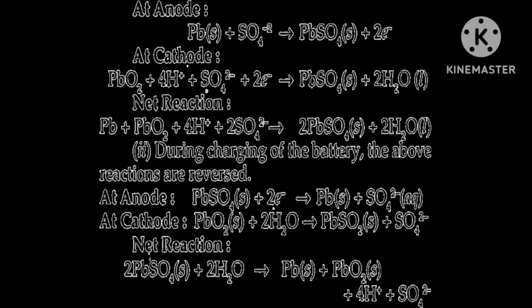The reaction is reversed during charging. On charging the battery, the lead sulfate on anode and cathode is converted into lead and lead oxide respectively. What was in the beginning, you get again, and it will be fully charged. Again you can use it.